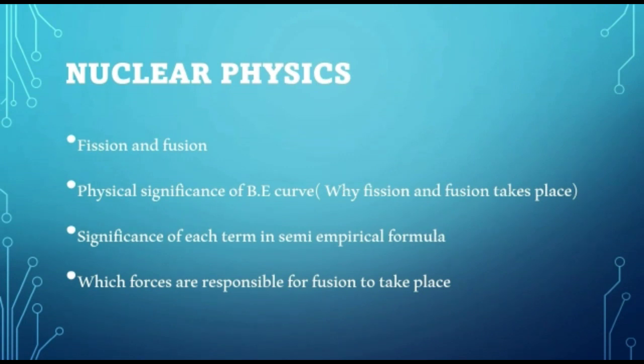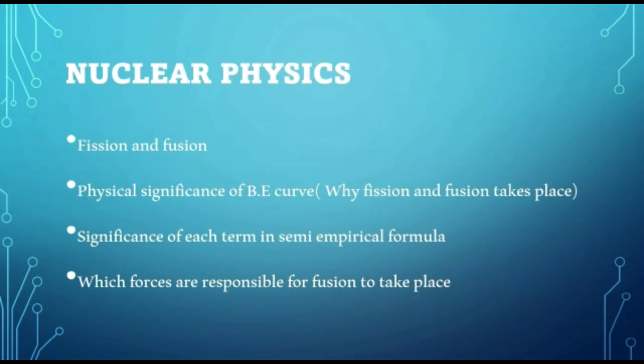That is why small nuclei fuse to give larger nuclei, so as to increase their stability, and also heavy unstable nuclei split to give smaller nuclei, as they also want to increase their stability.